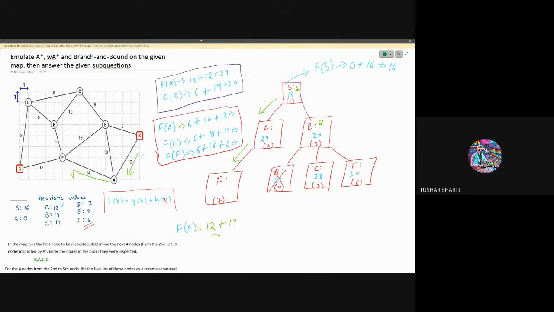Now this is our g of x value. And again we will add the heuristic value of F, which is 6. This will be 14, 6, 20, 32.